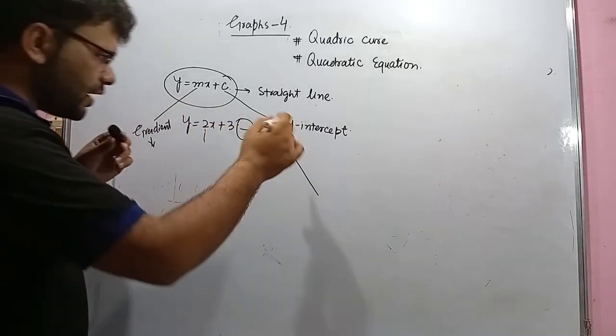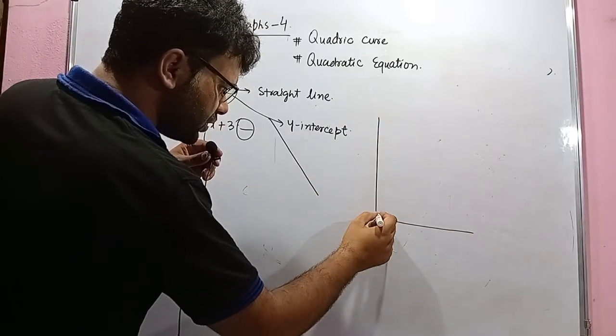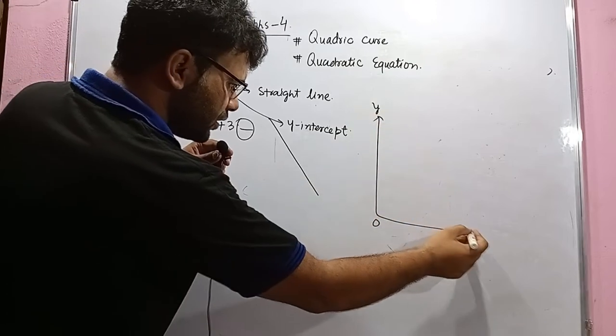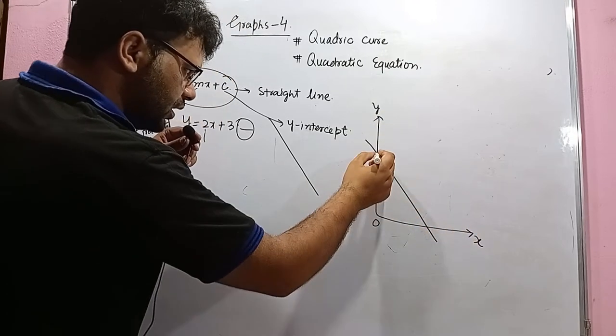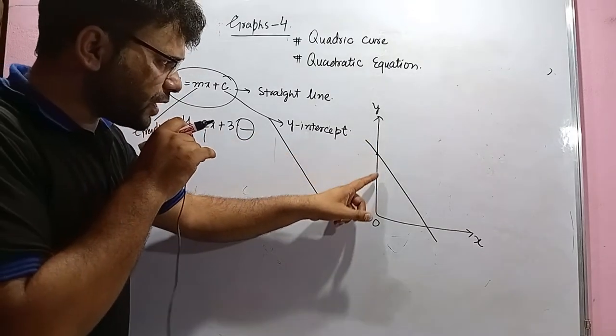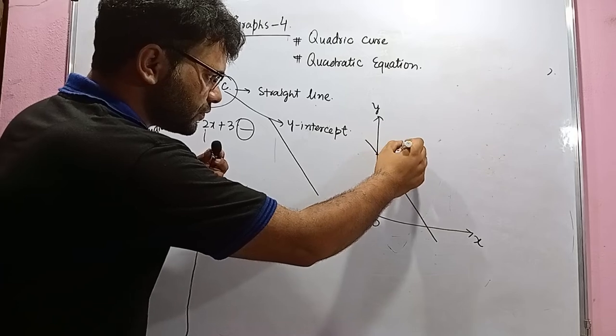You know what the y-intercept is. For example, we have a graph. In every graph, this is the origin, this is the x-axis, and this is the y-axis. For example, the graph is like this. You can see this is the point where the graph touches the y-axis. This point is called the y-intercept.